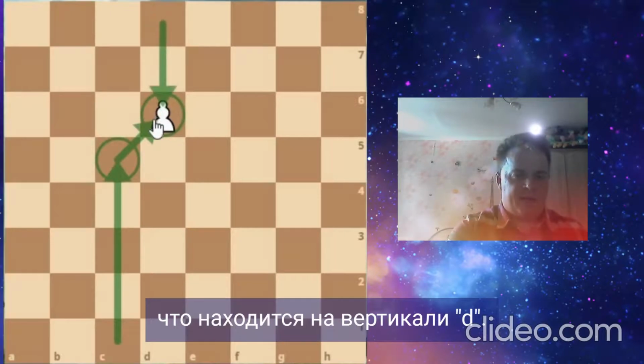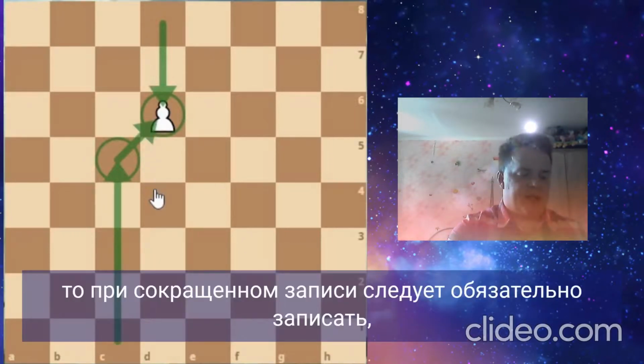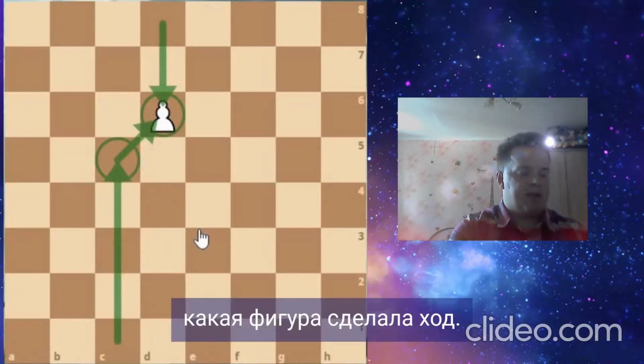When two pieces can move to the same square, with abbreviated notation it is imperative to write down which piece made the move.